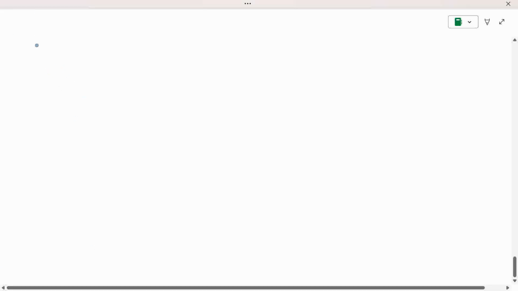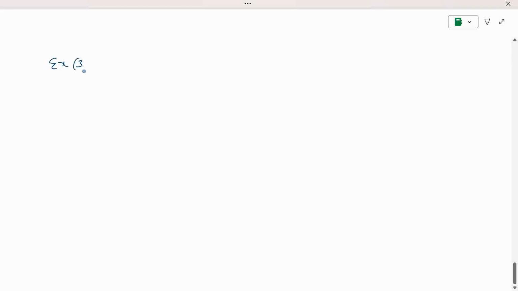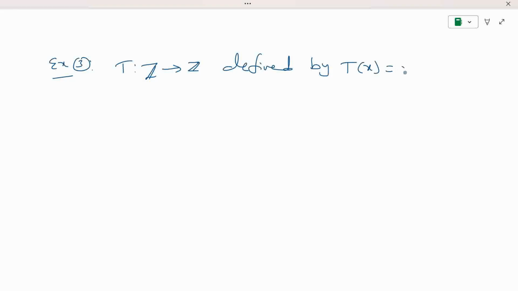Let's focus on example 3. It is defined by, so here both sets are integers, set A and set B. Here also I have to take 1, minus 1, 2, minus 2, 3, minus 3, 4, minus 4, 5, and in B also I have to take positive and negative.